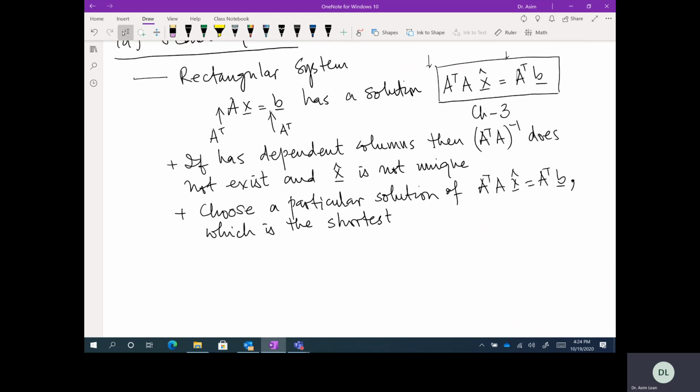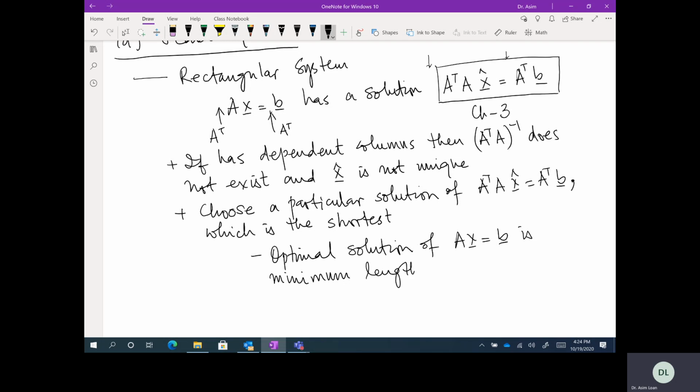So what is the optimal solution? The optimal solution of AX equal B is the minimum length solution, that's why it's least squares, minimum length solution of A transpose A, X hat equals A transpose B, right?